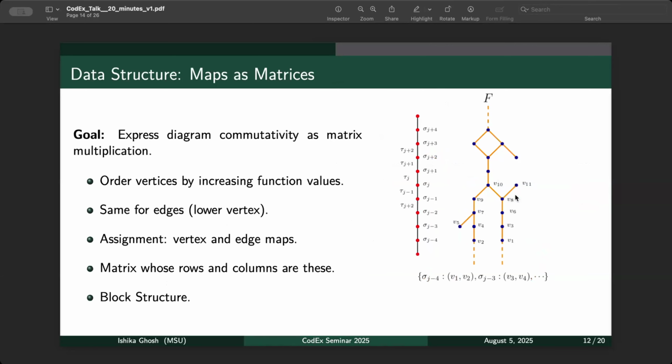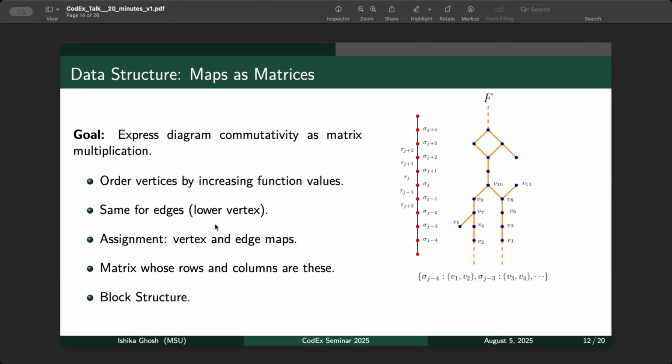Once we have expressed our mappers as graphs, we want to express these maps, the assignments I'm talking about, as matrices. To do so, first I order each vertex and edge by some increasing function value that I already assign with my mapper.